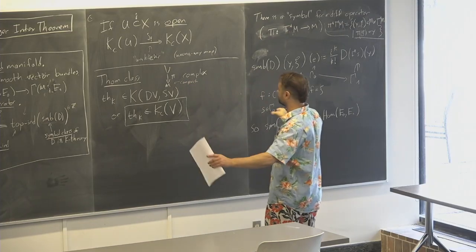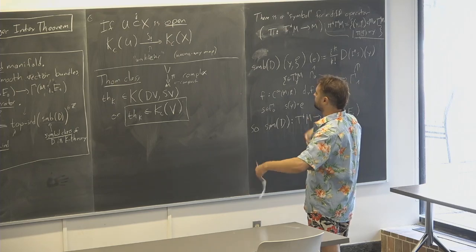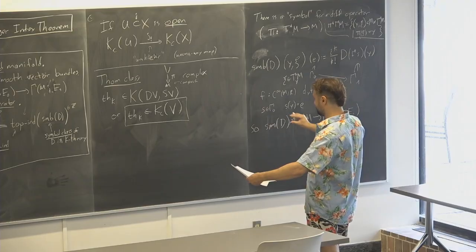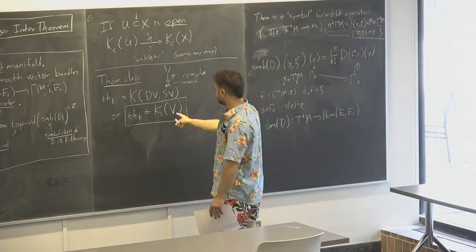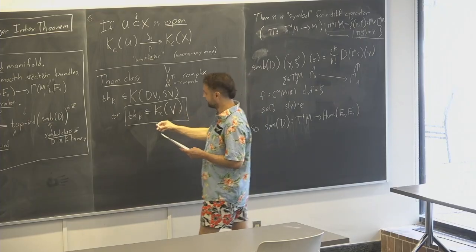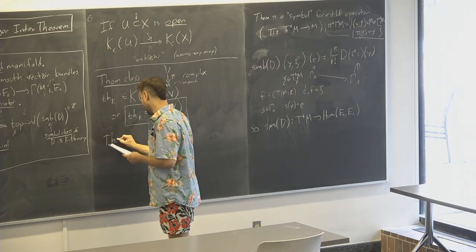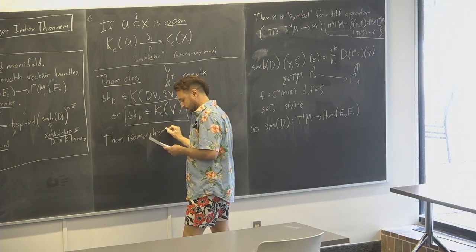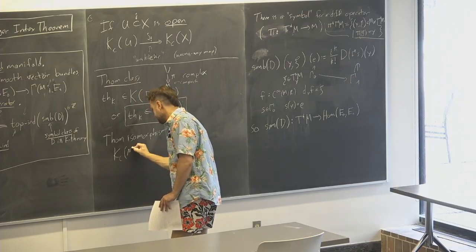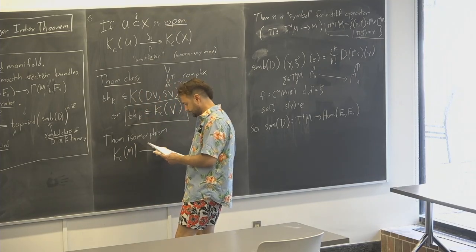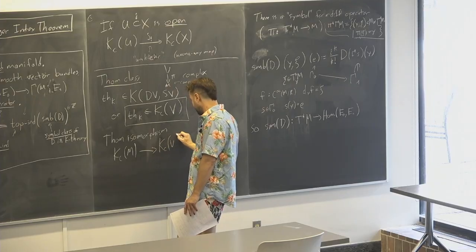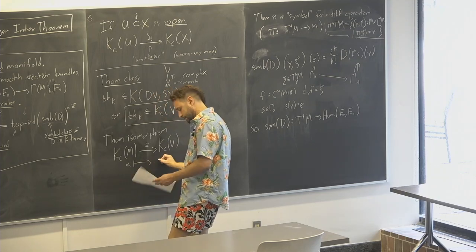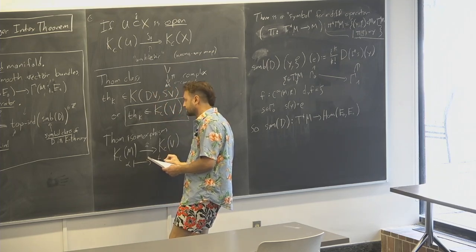You can choose a tiny little bump function around the zero section, and you can imagine your Thom class is only supported in that little thin band around the zero section, giving you a compactly supported class in the total space. And then we get a Thom isomorphism, going from the K-theory of M, which doesn't need to have a boundary, to the K-theory of the vector bundle. We're sending alpha to just the exterior product with the Thom class.